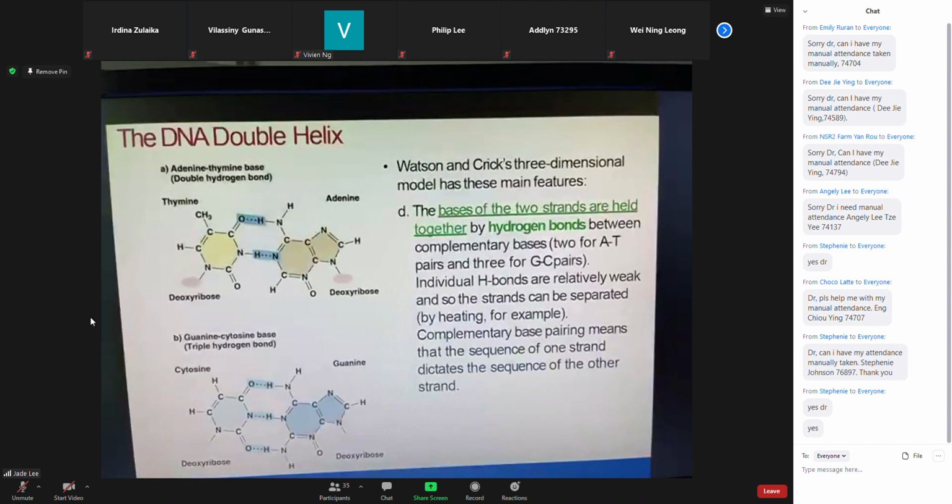Complementary base pairing means that the sequence of one strand dictates the sequence of the other strand, so they are always complementary.